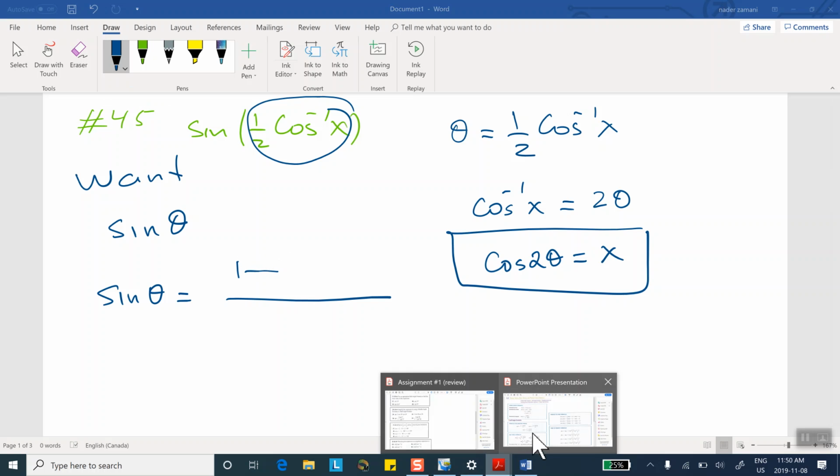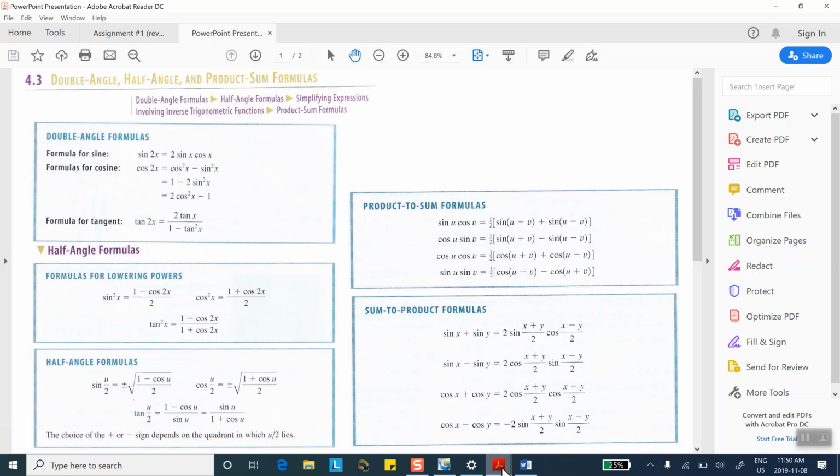Let's go back to our formulas. I'm looking at the bottom. See half angle formulas. The bottom on the left side. You see that? Sine of theta equal to plus or minus square root, etc.